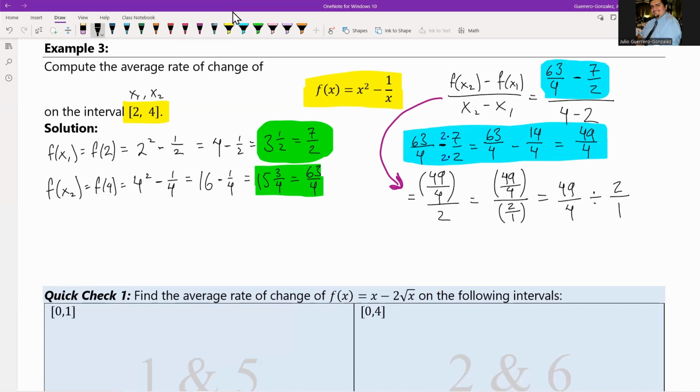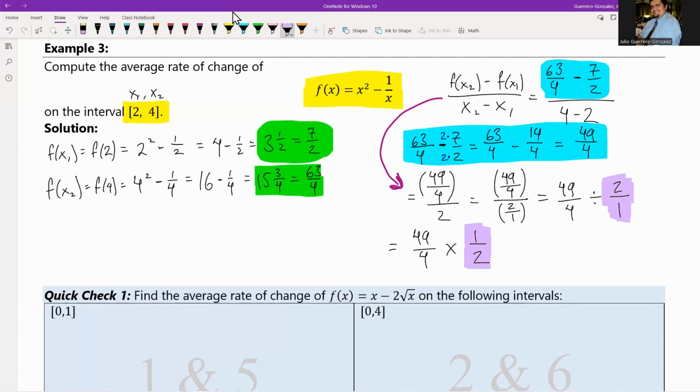So this is equivalent to 49 over 4 times 1 over 2. Notice that the second fraction is the one that I flipped over.